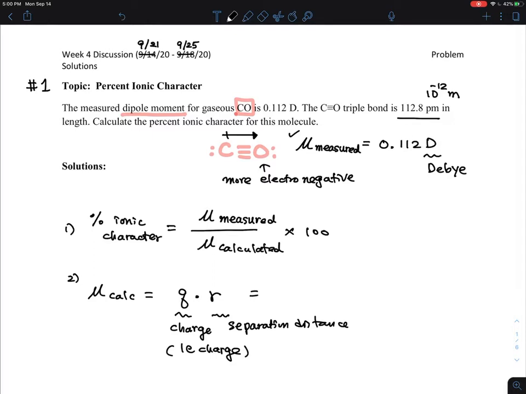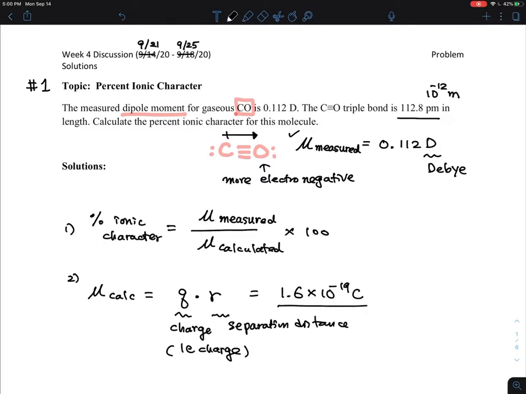If you look up the reference table, that will be 1.6 times 10 to the minus 19 coulomb.